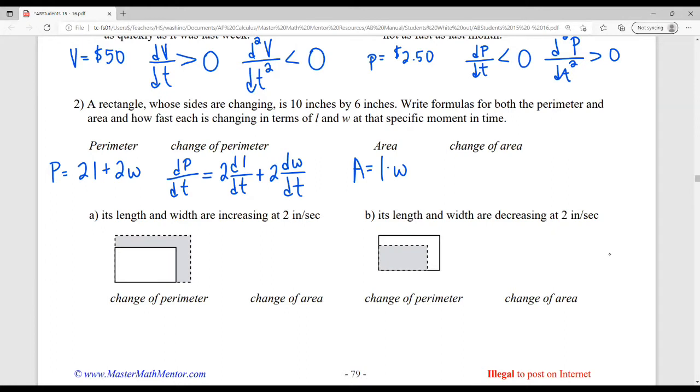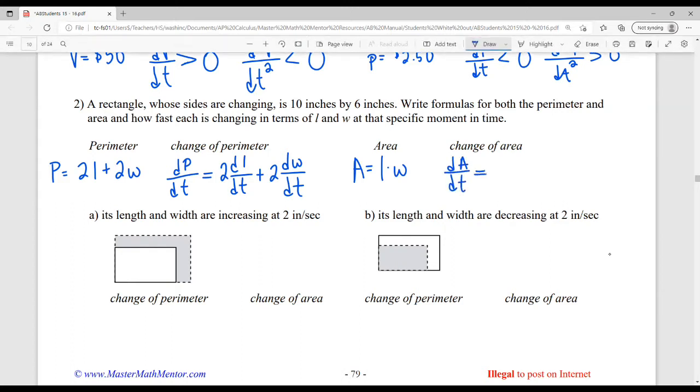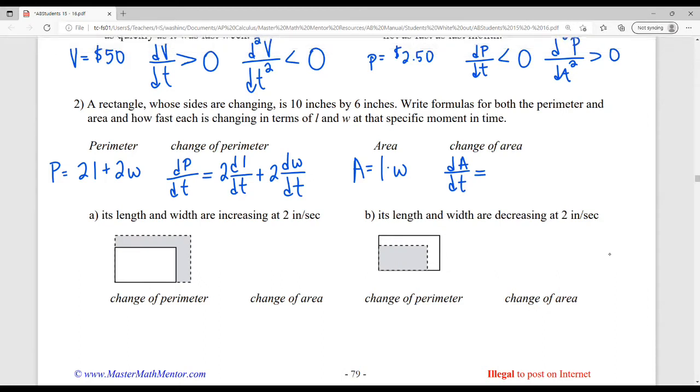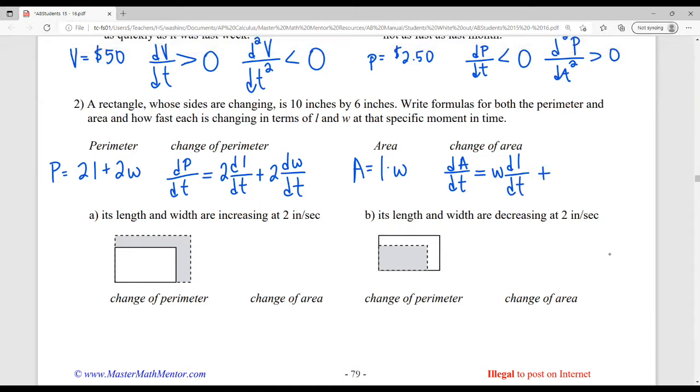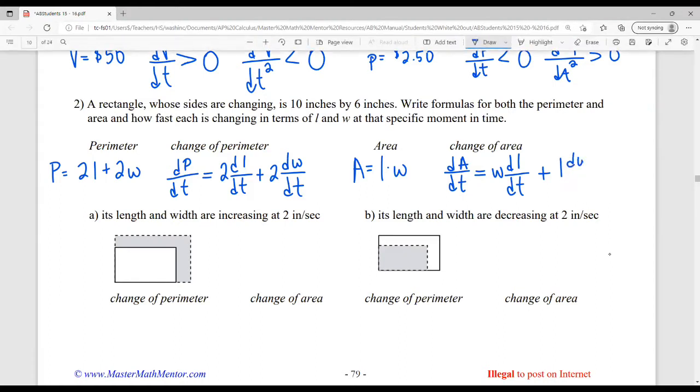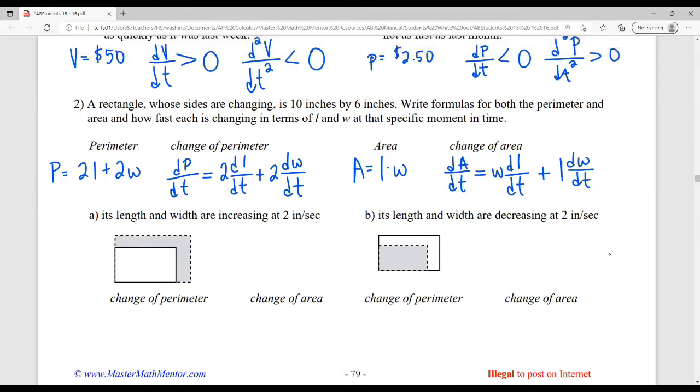The derivative of A is just 1 dA/dt equals the derivative of L is just 1 times W, but we took the derivative of L with respect to time, plus now we're going to take the derivative of W with respect to time. So it's going to be L times the derivative of W, which is dW/dt. That's an L, not a 1. It looks like a 1, but it's definitely an L.